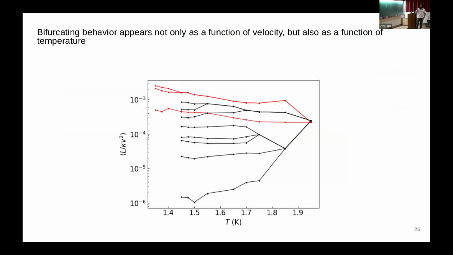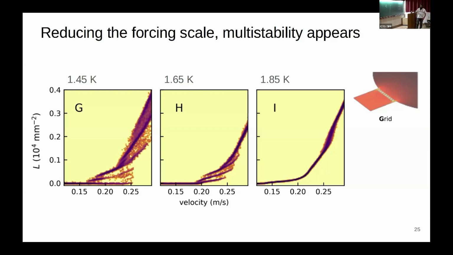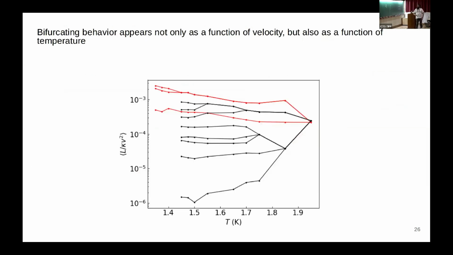But if we manually separate every branch discontinuously separated from its neighbors, we can plot a bifurcation diagram, which on the y-axis basically plots some sort of dimensional measure of each individual branch. Here it's just the number of vortices divided by velocity squared.